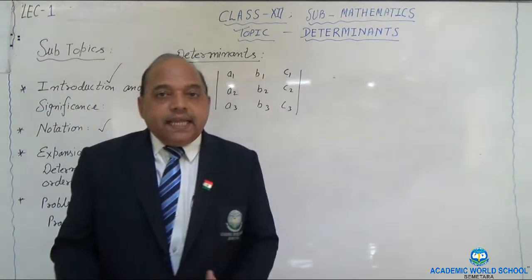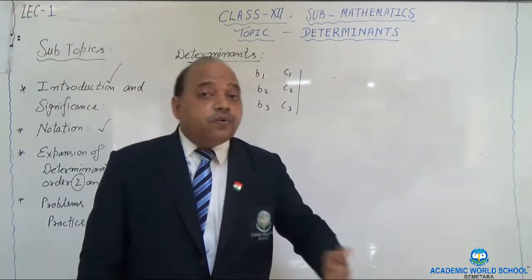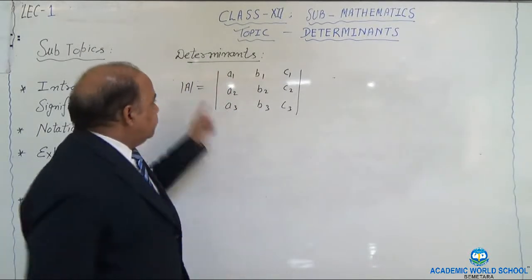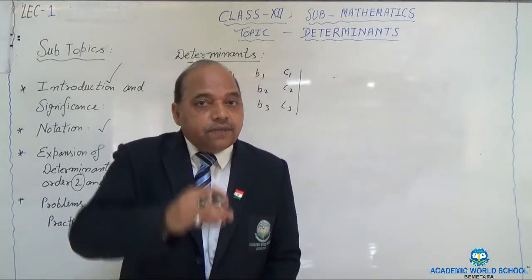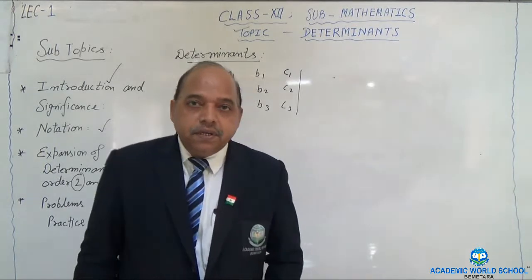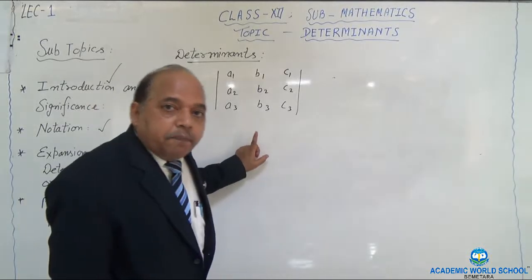How can we say whether it is equal to 0 or non-zero? How do we find out that value? As we said, a determinant stands for a unique value, a unique number. How do we find out that number? In that case, we are going to expand it.